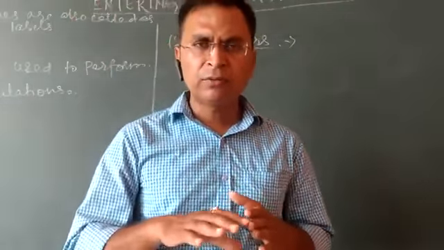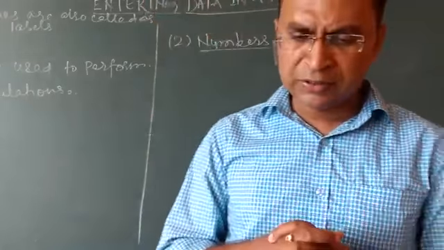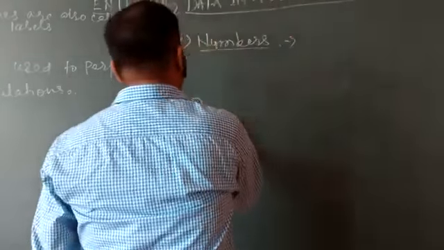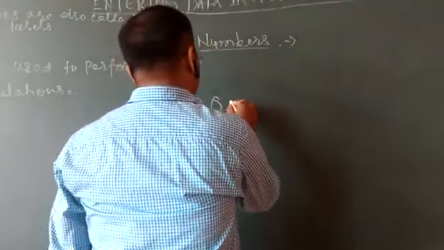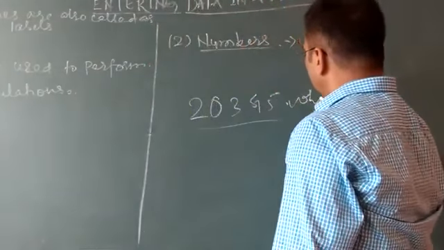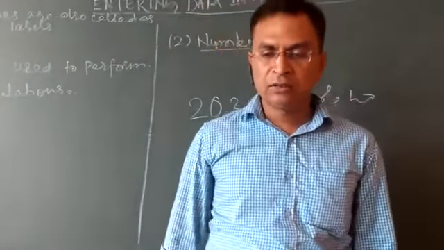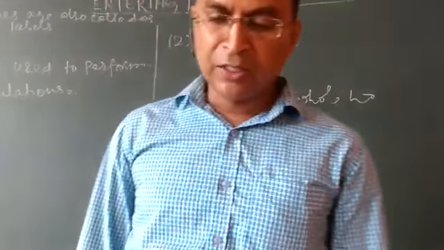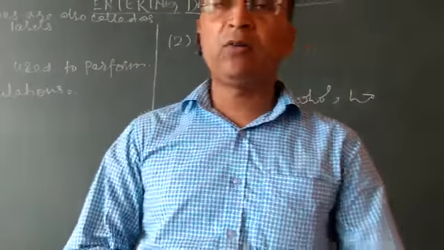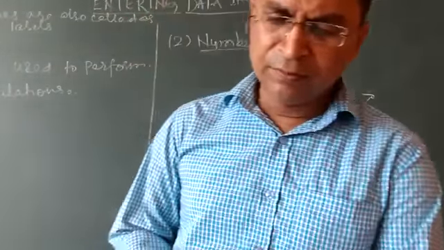Whole numbers can be any whole numbers like 20, 0, 3, 4, 5. Whole numbers are aligned on the right side of the cell.